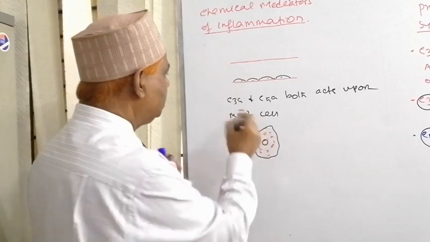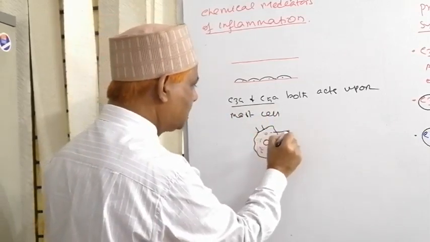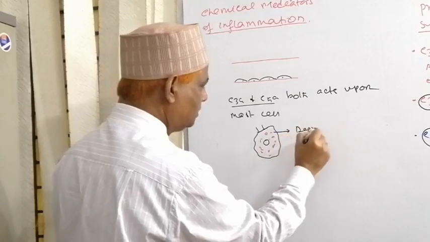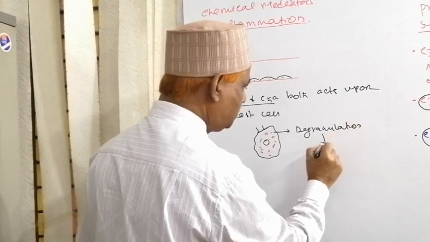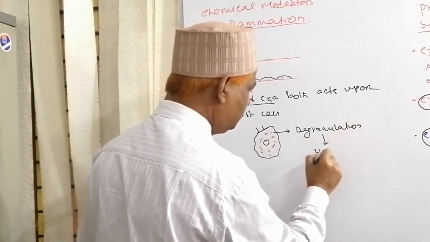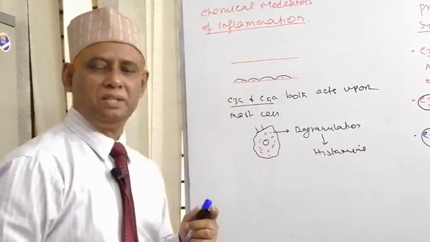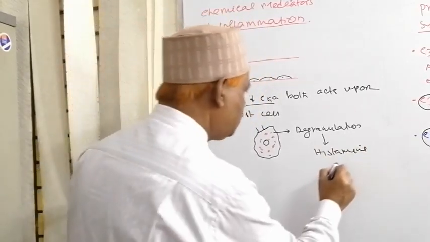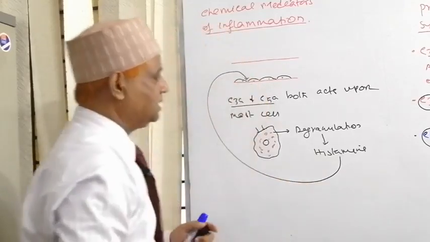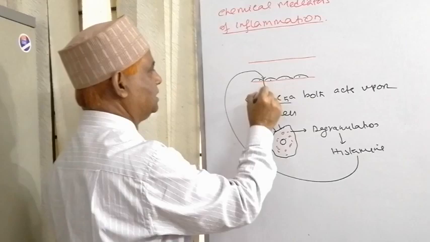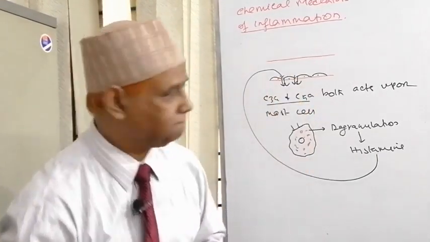When these act upon mast cell, there is degranulation, and due to degranulation there is release of histamine. You know, histamine is a vasoactive amine. It acts upon the blood vessel and causes increased vascular permeability, ultimately formation of exudates.